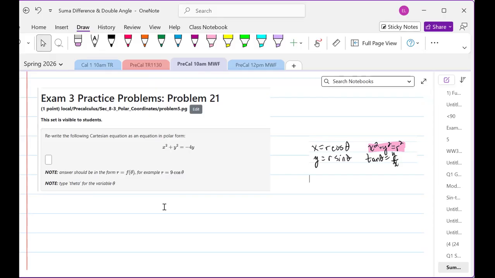X squared plus y squared. That sounds really familiar. Why is that familiar? What is x squared plus y squared the same as? So just the hypotenuse?